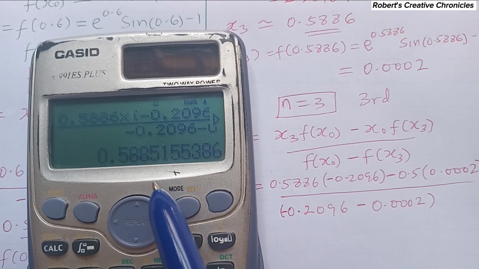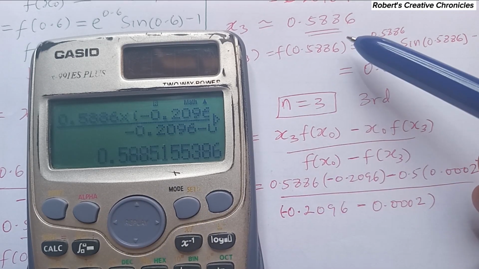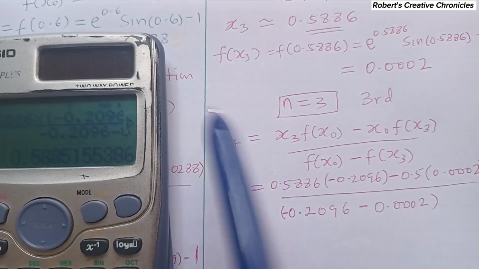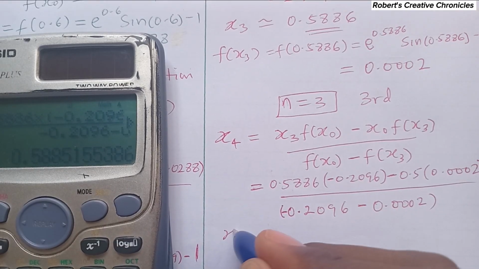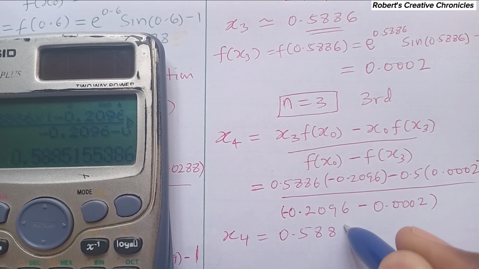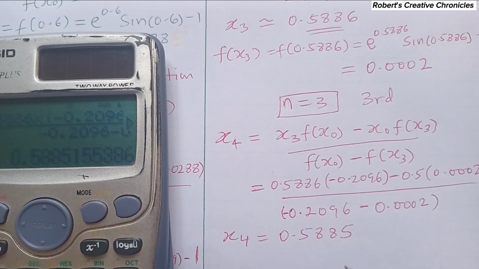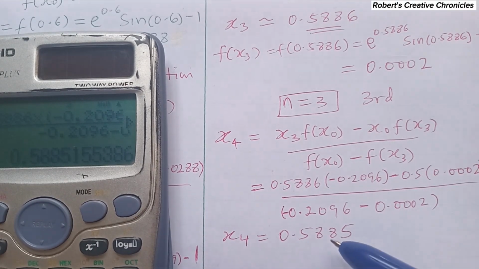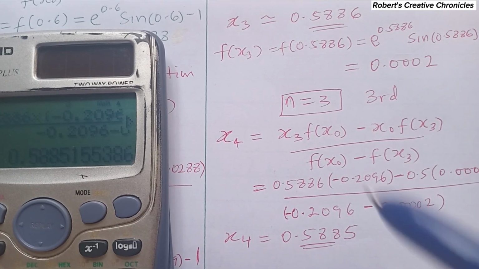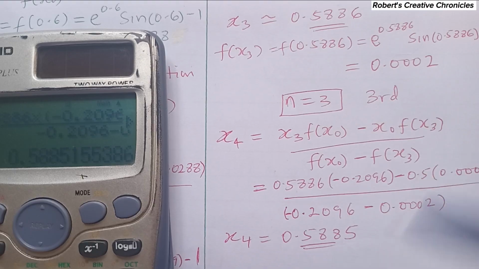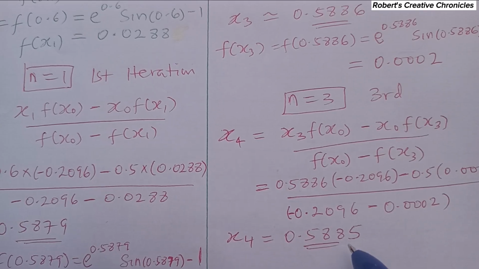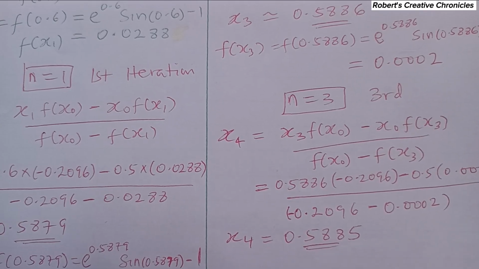So this is 0.5885. You can see that there's not much difference between this and the previous answer, so our iteration is getting very close. So x4 is equal to 0.5885. Some people even terminate the iteration because the difference is 0.0001. But since the question asked for 4 iterations, we can just do the 4th one. Our answer will still be very close to it, or even the same as this.